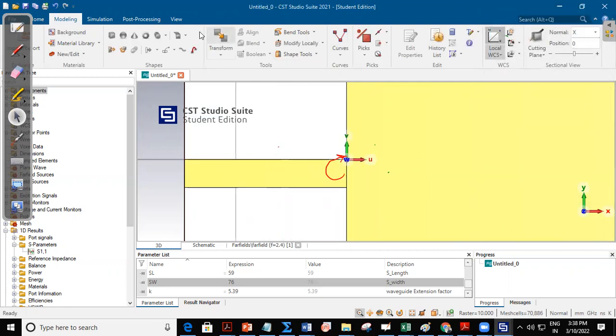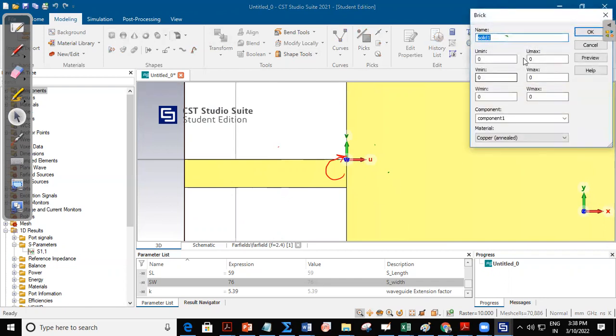Now create a brick here, and this brick will be called the inset. So we are creating one inset, and here in the U direction, U minimum, we go from 0 to the inset length. The inset length we can calculate; you can keep it as 2.6 mm.